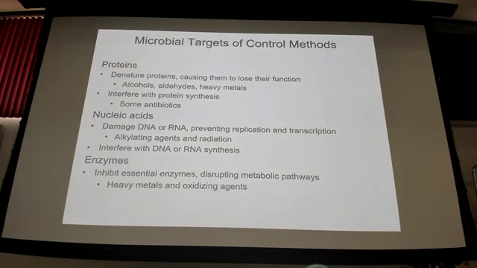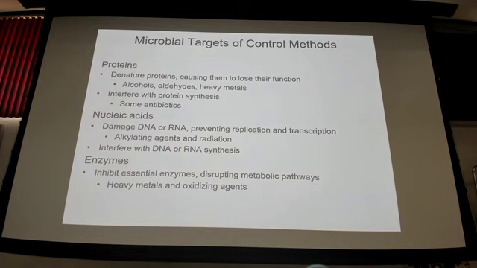Other agents will target nucleic acids. Either their synthesis, so they'll interfere with DNA replication, or they'll interfere with transcription, like RNA synthesis. Or they'll do something to directly damage the nucleic acids, the DNA or the RNA themselves. We briefly talked about those when we were talking about mutations, with the spontaneous mutations.